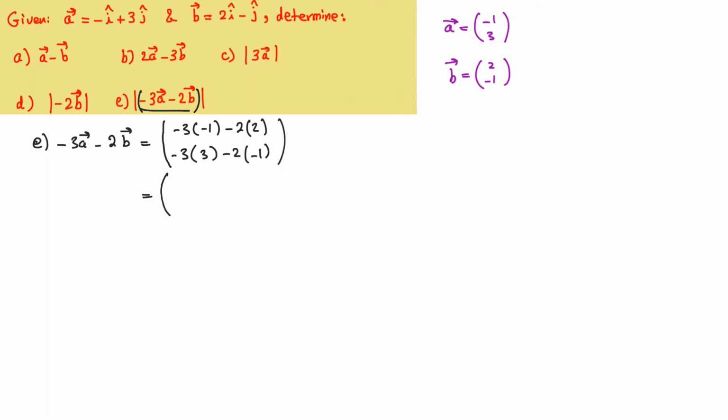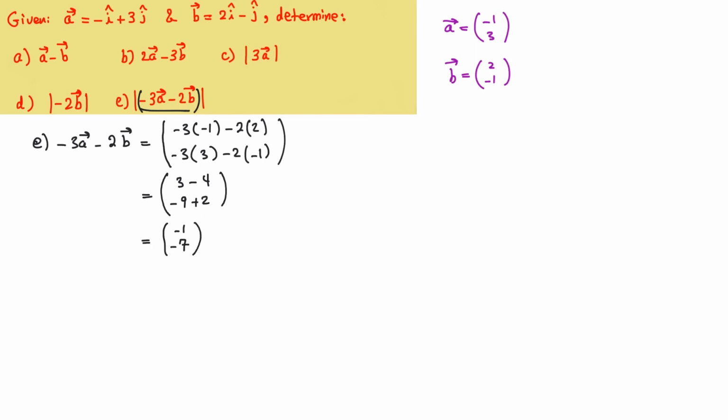By doing this, we get -3 times -1, which is +3, minus 2 times 2, which is 4. -3 times 3 is -9. -2 times -1 is +2. And we do the calculations, and we get -1 and -9 plus 2, which is -7.